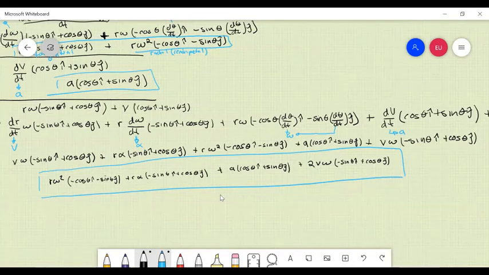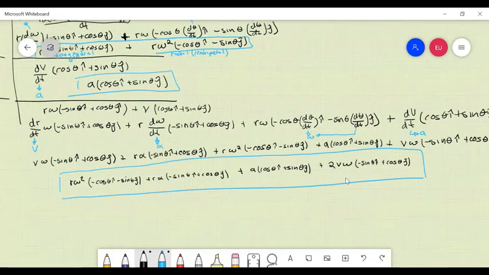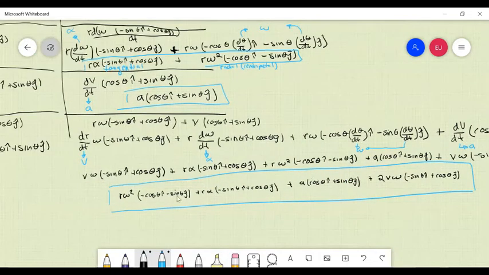So Salvador, you see, it's not simply summing everything else, because if you sum everything else, you end up having only that bit, that one, and that one. You are missing this term, which is very important. I'll tell you why. This first term, this one here, is the radial acceleration. You remember, we write it here, radial.